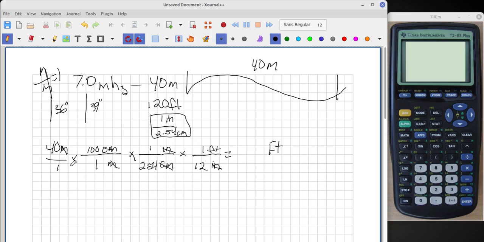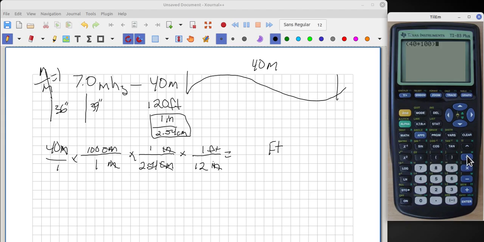So that's the next task, getting this into the calculator. How do I do that? Well, since everybody's being multiplied here and divided, I can multiply all the numerators together and then divide them by the multiplication of all the denominators. And we'll separate numerator and denominator using parentheses on the calculator, so it doesn't get confused. So let's open up a set of parentheses, and I've got 40 times 100 times 1 times 1. 1 times anything doesn't change anything, so I can close that off.